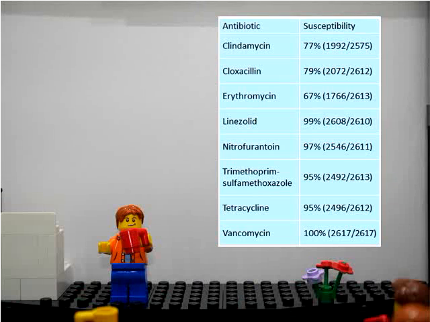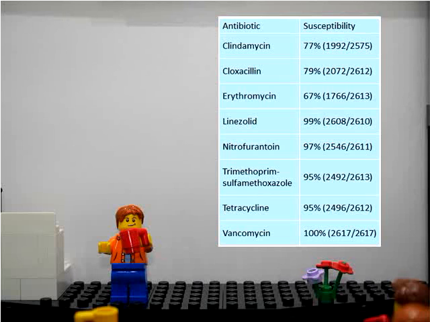Now, depending on your location, the antibiotic spectrum for Staph aureus will vary. This is the antibiogram for the University of Alberta Hospital, and you can see that we continue to have a high level of sensitivity of Staph aureus to vancomycin, but have about a 21% rate of methicillin-resistant Staph aureus, as marked by the cloxacillin sensitivities.